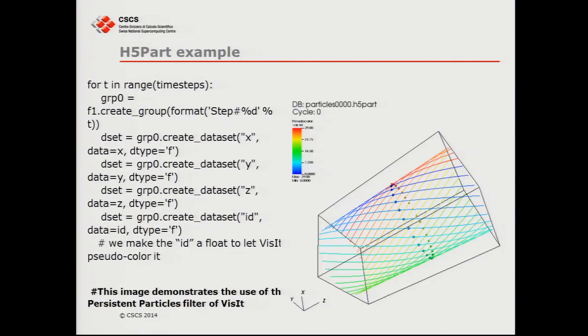This illustration here is something specific to the Visit software, which we will show tomorrow. It actually shows you here those little particles, those little spheres. They are the data set at one particular time step. And in this particular filter, we actually connect the time steps between each other to see the evolution of those particles in space.